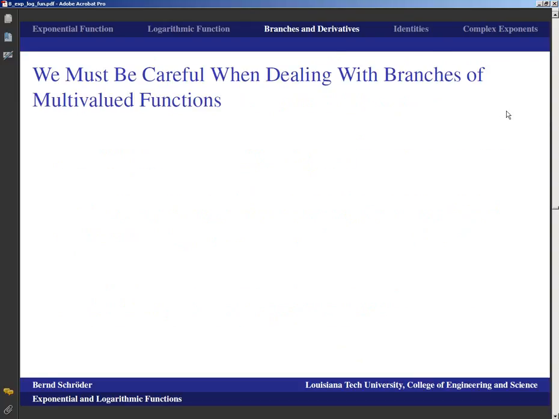Okay, now we've got to be really careful when we deal with branches of multivalued functions, because certain identities will just not work out like they used to. Take the principal value of the logarithm of i cubed. Well, that's the principal value of the logarithm of negative i.